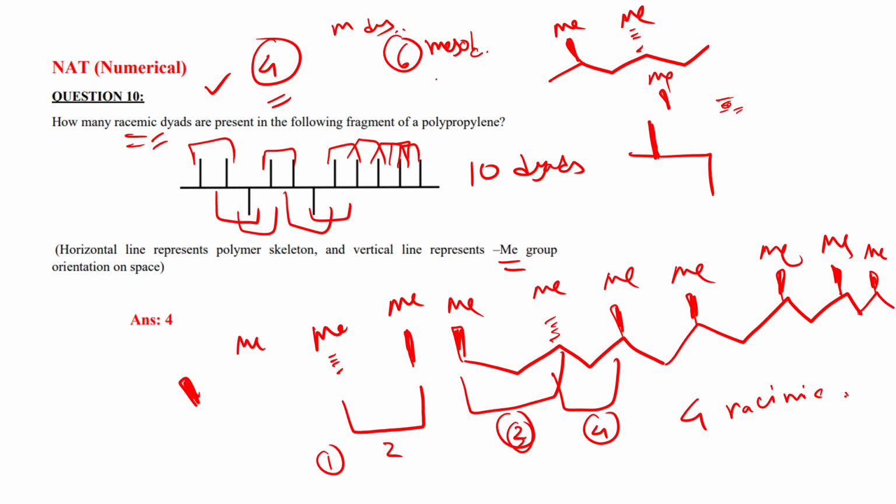Four are racemic dyads and six are meso. This particular question also came with the percentage of racemic dyads or percentage of meso dyads. So the simple way you can do that: a total of 10 dyads are present, four are racemic and six meso. In that way we can calculate this.